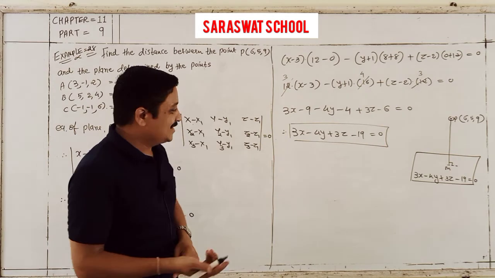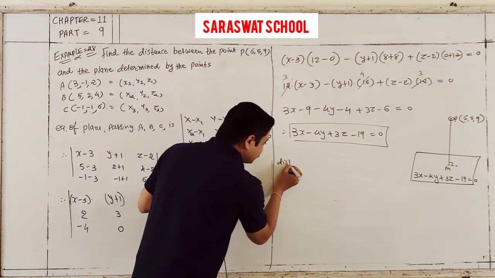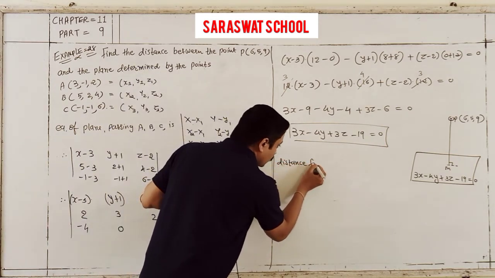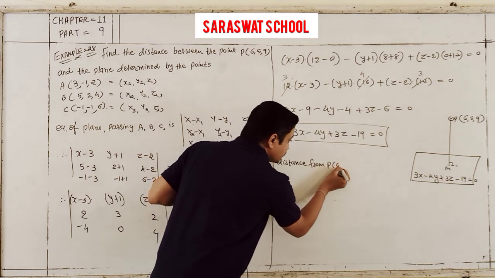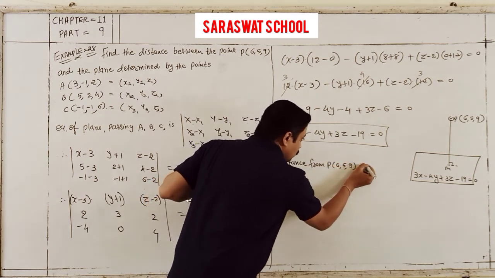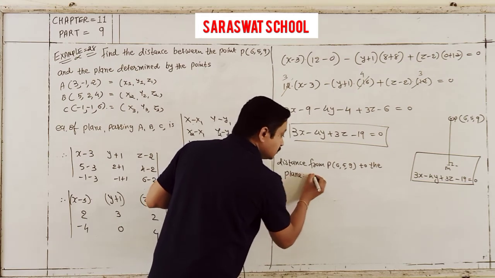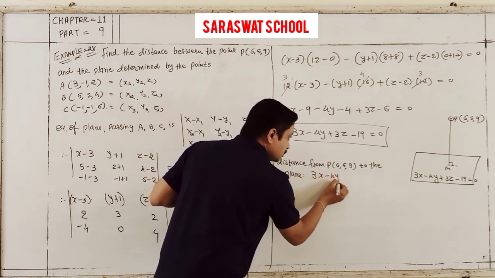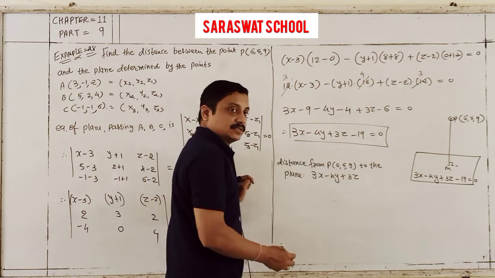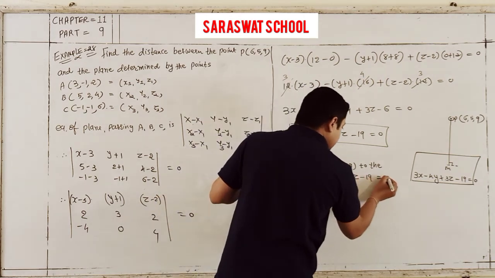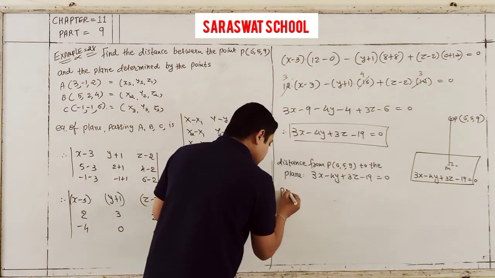Now the distance formula. The distance from P (6, 5, 9) to the plane. My plane is 3x minus 4y plus 3z minus 19 equal to 0, and we want the distance PM.